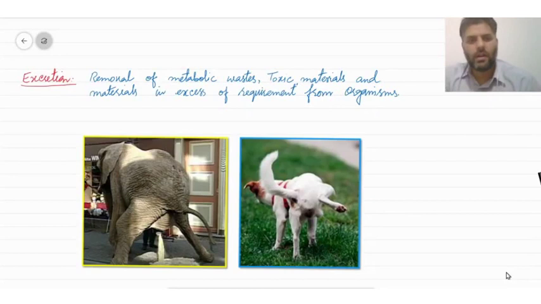Excretion: removal of metabolic wastes, toxic materials, and materials in excess of requirement from the organism. Metabolic wastes like urea, which is the metabolic waste coming from the digestion of proteins, come out of the body in the form of urine. There are also materials in excess of requirement, like water.